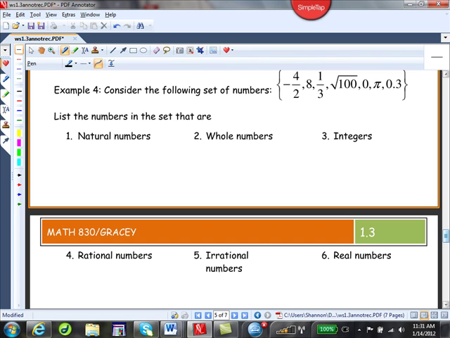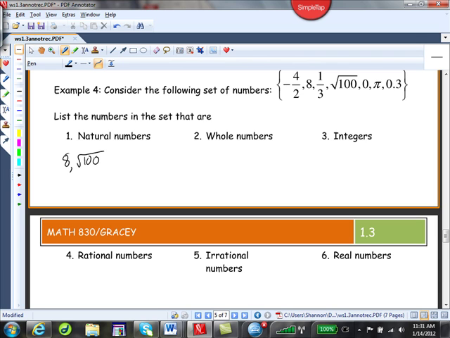Natural numbers. We don't want any negatives or 0 or fractions that don't end up as whole numbers. So let's see what we have. So natural numbers, I'll just go in order of what I see here. 8 is a natural number. The square root of 100 is 10, right? So I'm going to write the square root of 100.